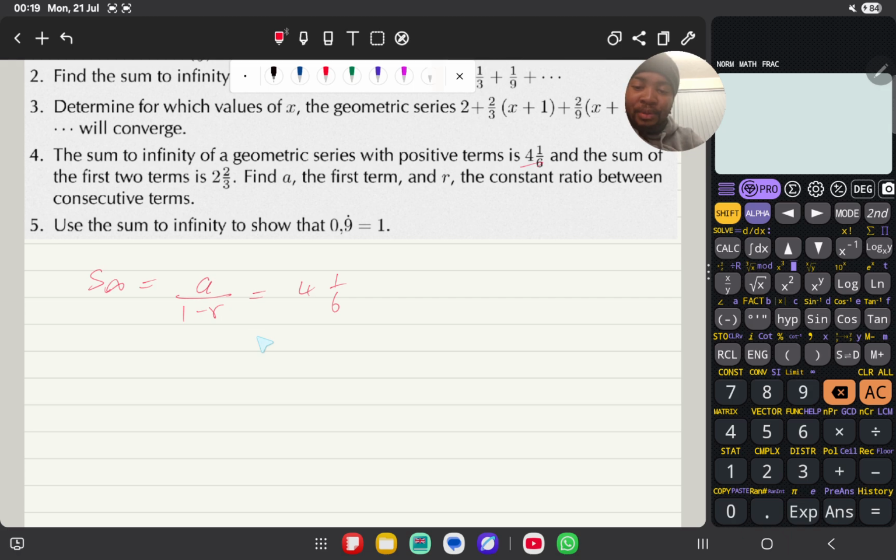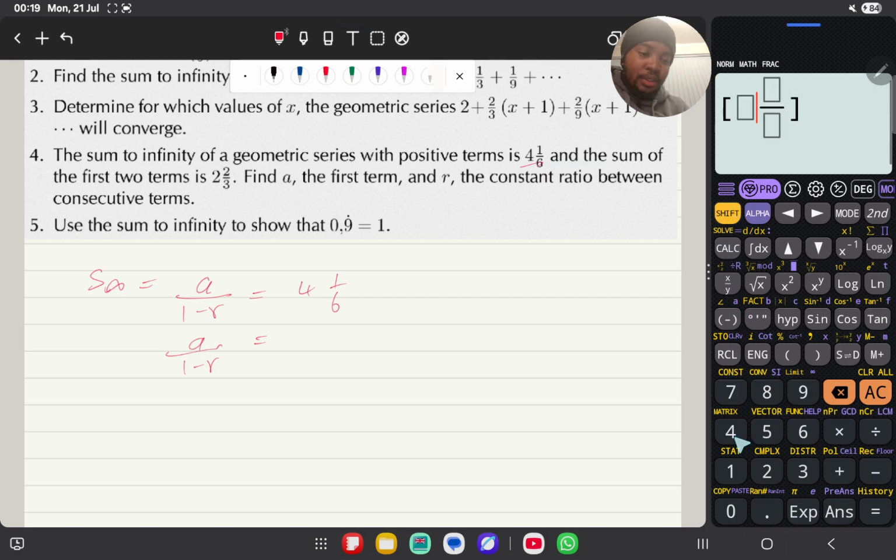And this 4 1 over 6, I just want to write it as a fraction, not a whole number, not a mixed fraction.